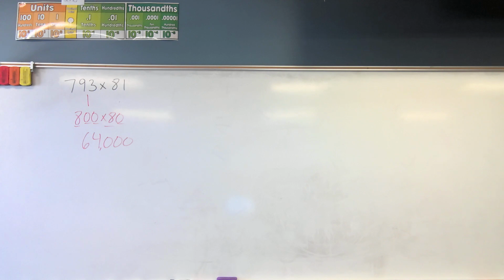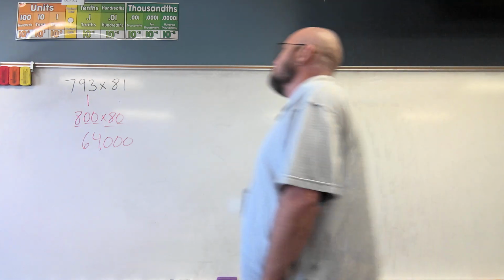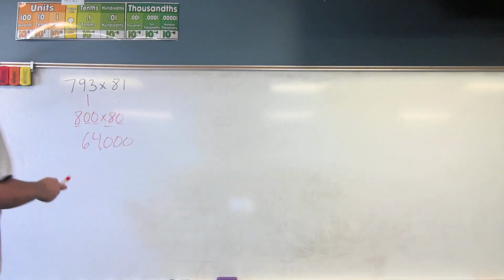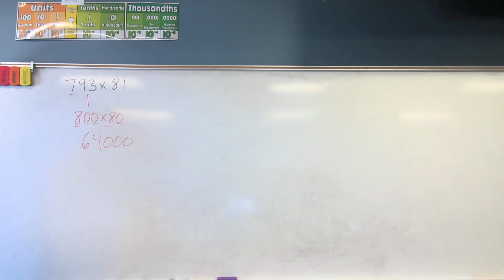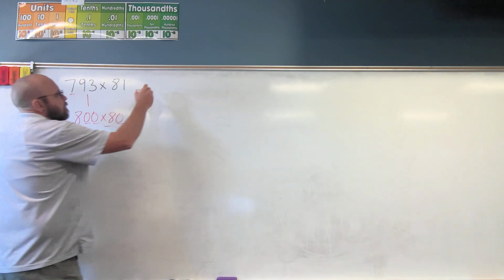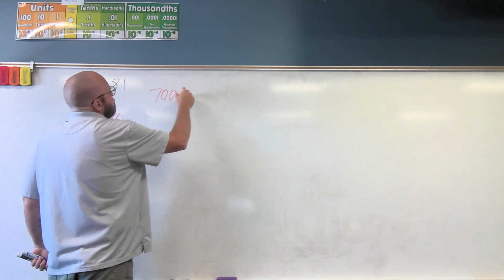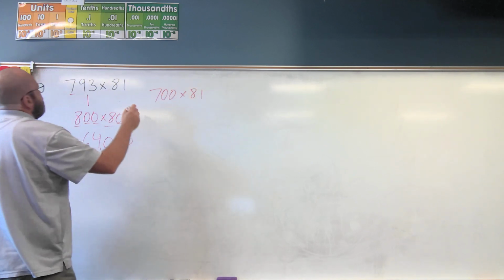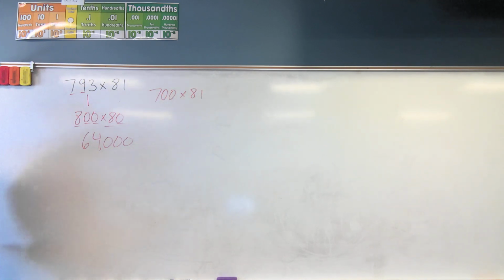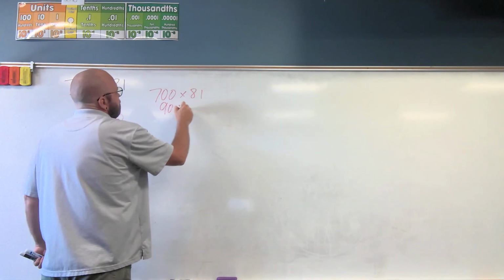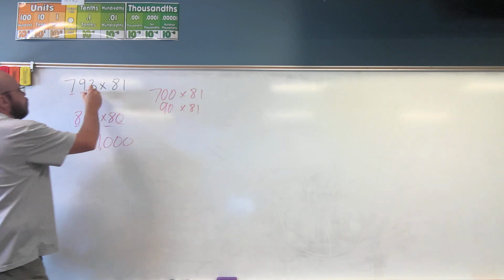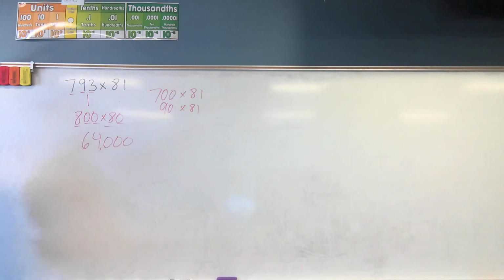Now, what I'm doing here is I can multiply the 7's in what place? What's the place value the 7's in? 100. I can multiply 700 times 81. What place is the 9 in? 10s. I can multiply 90 times 81. And the 3 is in the 1s.